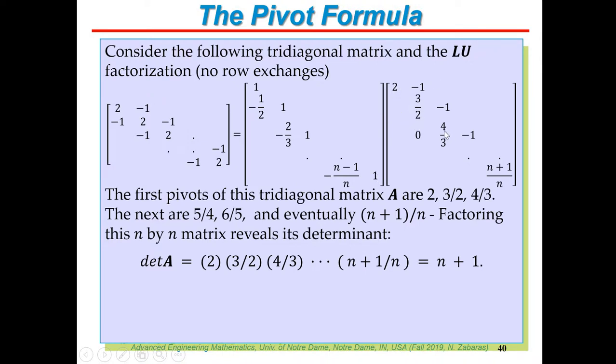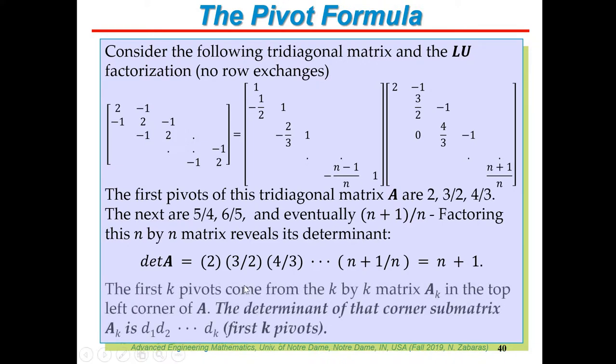And generally, when you take the product of k pivots, that's the determinant of a k by k matrix starting from the top left. And so generally, the determinant of any piece of this matrix that you cut that is k by k is d1 to dk, where you only take the first k pivots.